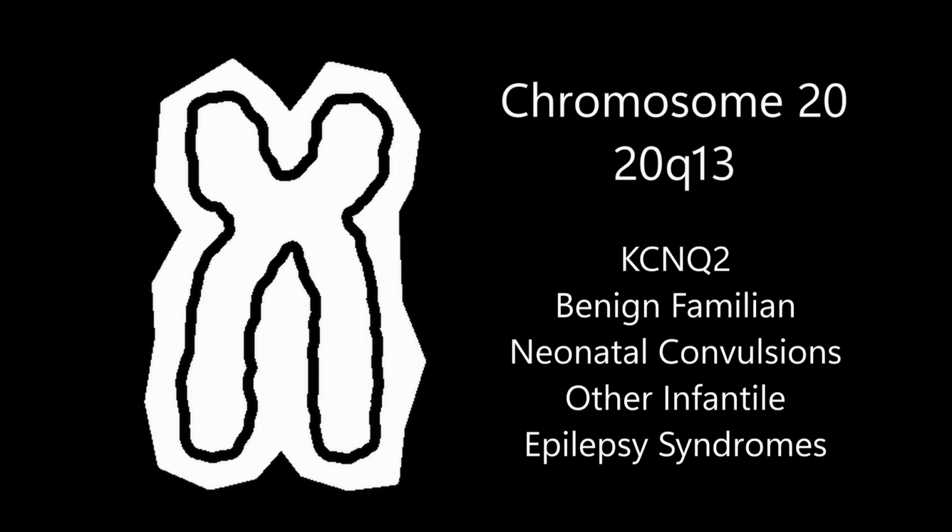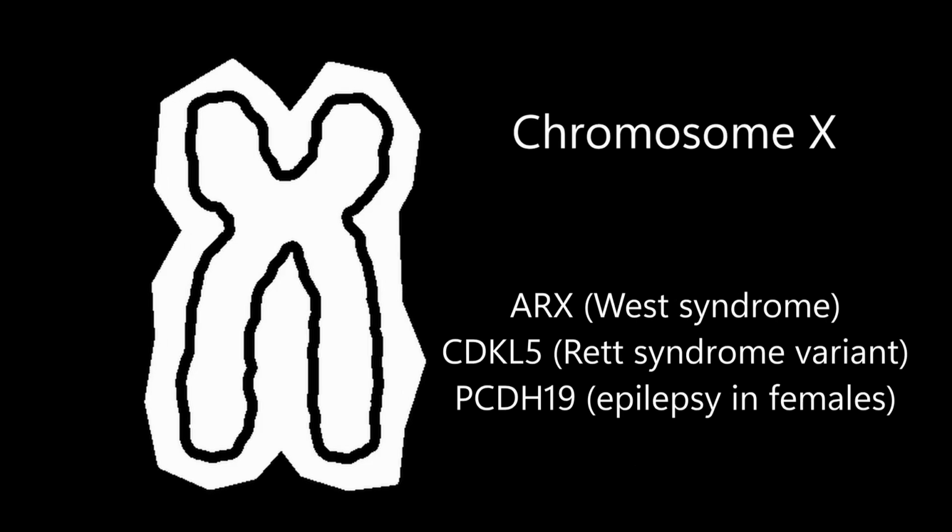Chromosome 20, 20q13, harbors KCNQ2, a major cause of benign familial neonatal convulsions and other infantile epilepsy syndromes. Chromosome X, where many X-linked epilepsies occur, such as ARX, West syndrome, CDKL5, Rett syndrome variant, and PCDH19, epilepsy in females.